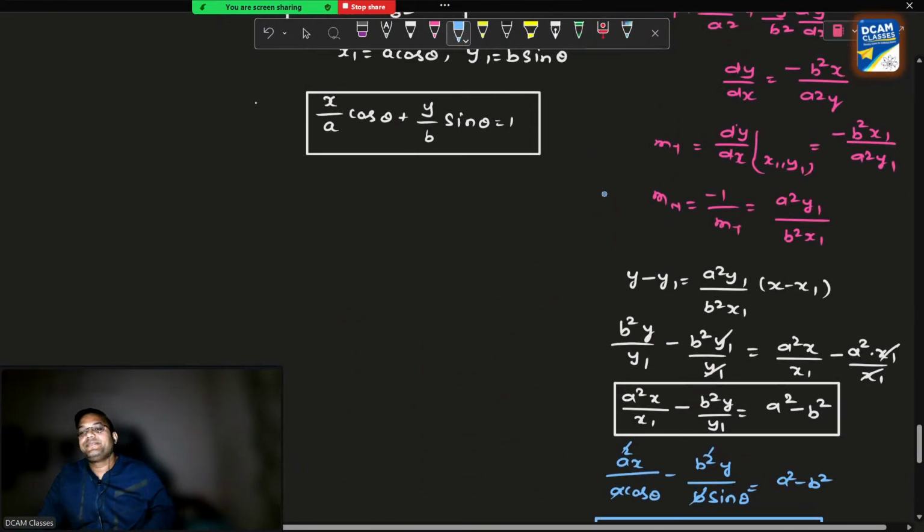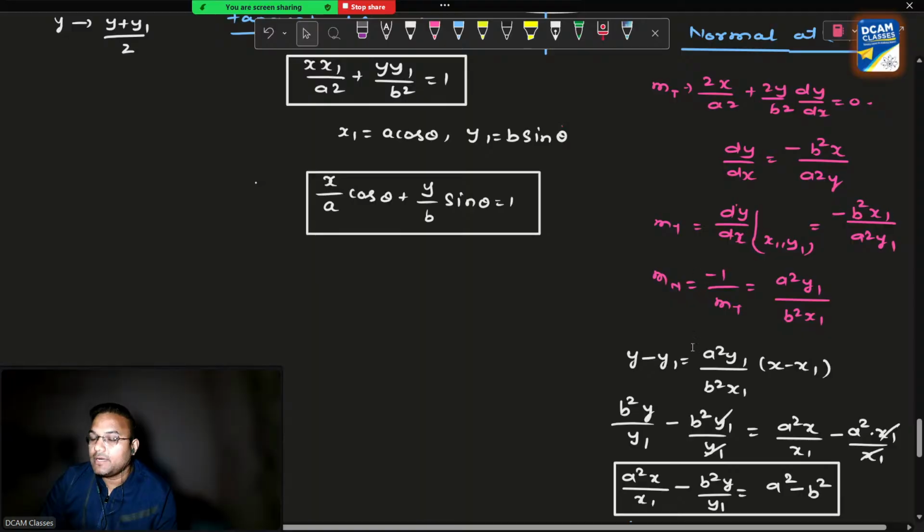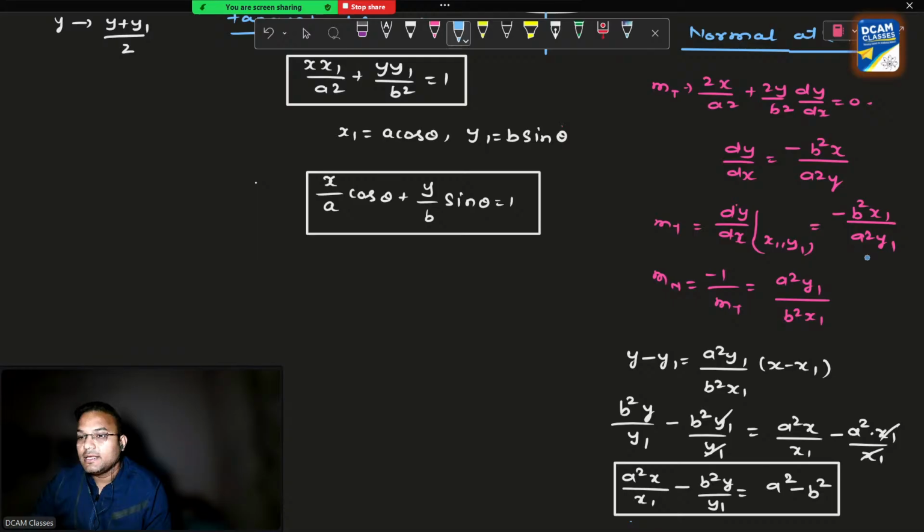See, using the general method, when I was trying to find out the normal at x1 and y1, I found out the slope of the tangent, right? At a point x1, y1, it is minus b square x1 by a square y1. It actually, see, why I teach you all the methods is because we do not know at what point you may use which method.